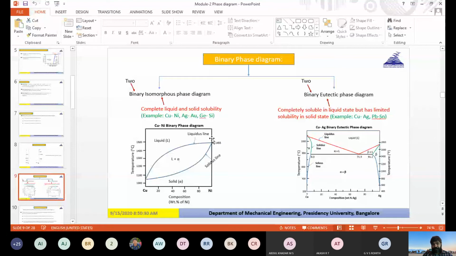First we will see the copper nickel binary phase diagram, meaning the binary isomorphous phase diagram, where the two components that we have taken are completely soluble in each other in the liquid as well as in the solid condition.